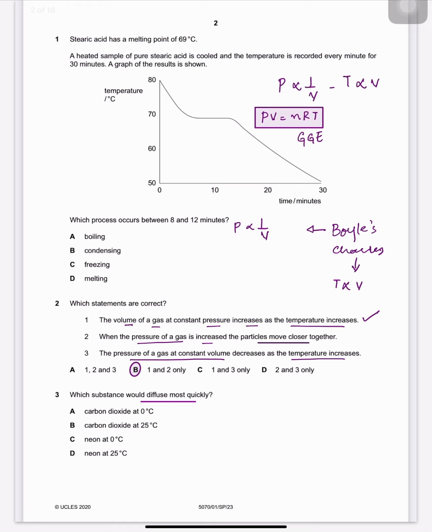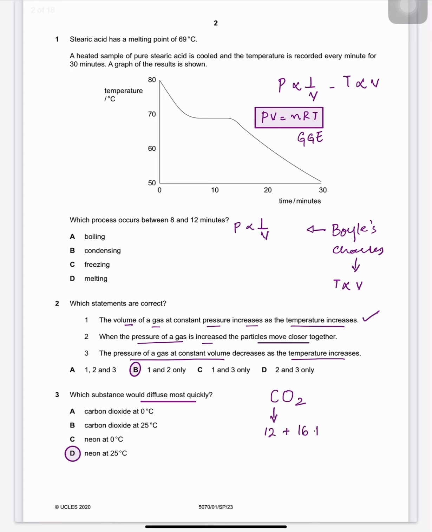So we can say it is carbon dioxide at 0 degrees centigrade or neon at 25 degrees centigrade. Yes, it is neon at 25 degrees centigrade. Why is it so? Let's write the formula of carbon dioxide. It is CO2. What is the molecular mass of carbon dioxide from the periodic table? Carbon's relative atomic mass is 12, and oxygen's relative atomic mass is 16.